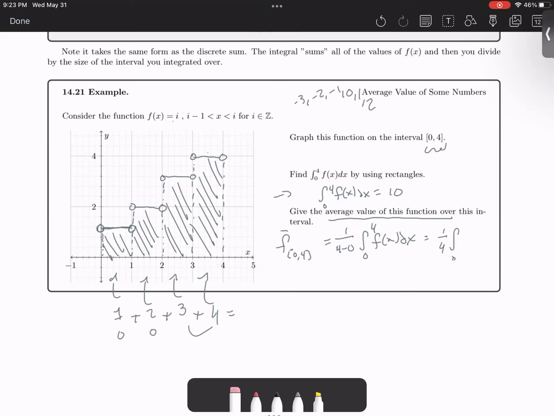Oh, and we already know the integral between 0 and 4, right? That was this part. Returns 10. So the average value of this function over this interval is 10/4.